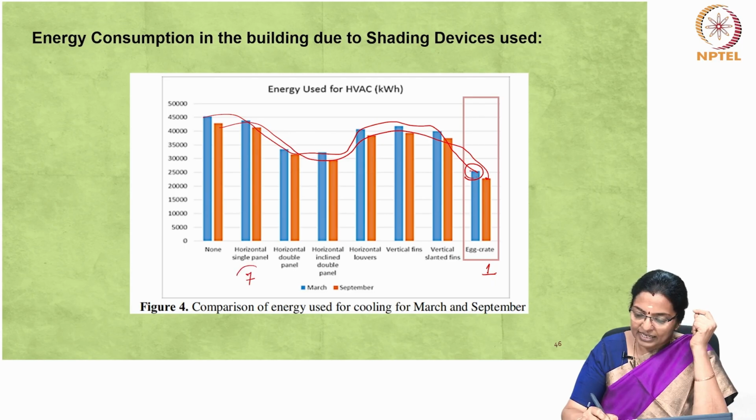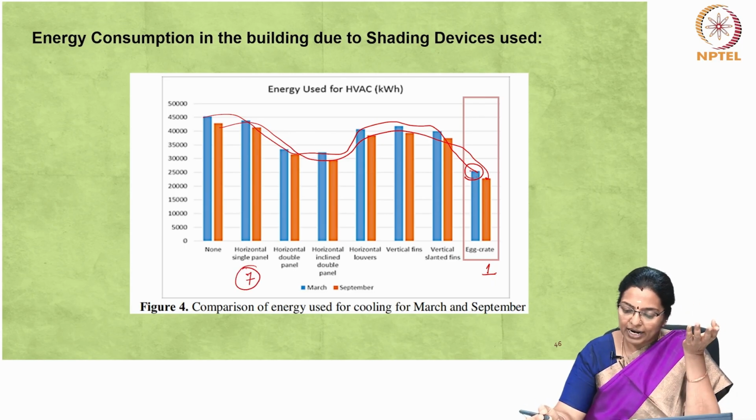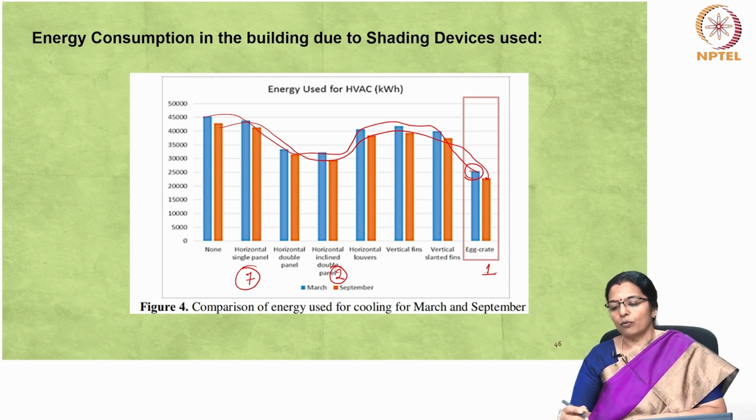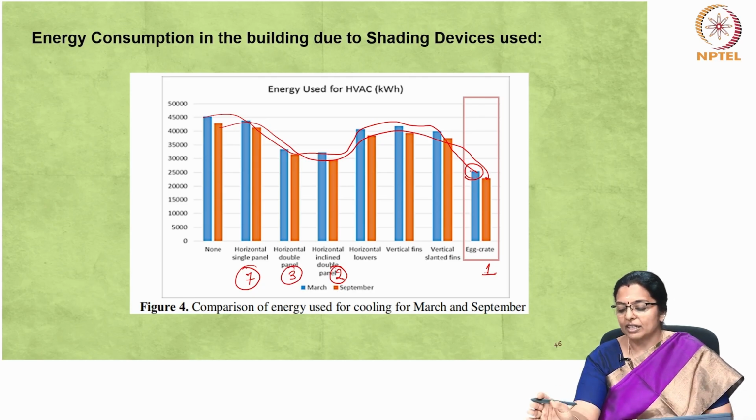So, this can rank as 7th. This is least effective in both March and September, and after egg crate, horizontal inclined double panel is most effective in reducing energy use for March as well as September. The horizontal inclined double panel and horizontal double panel, they perform more or less similar with very little difference.